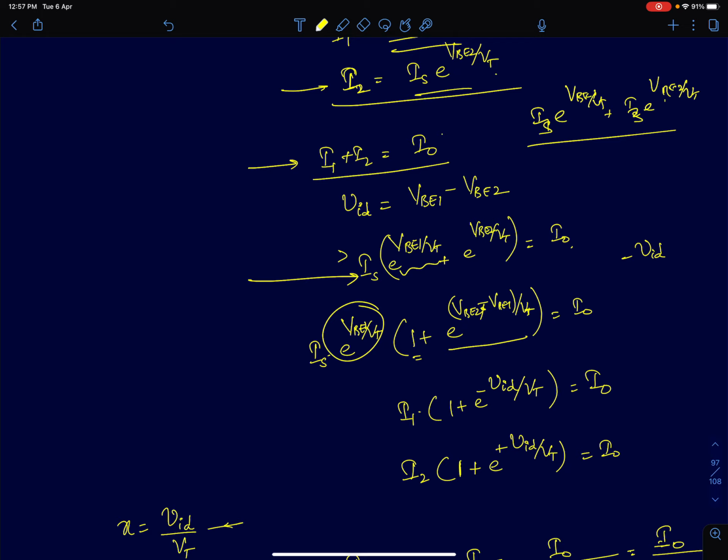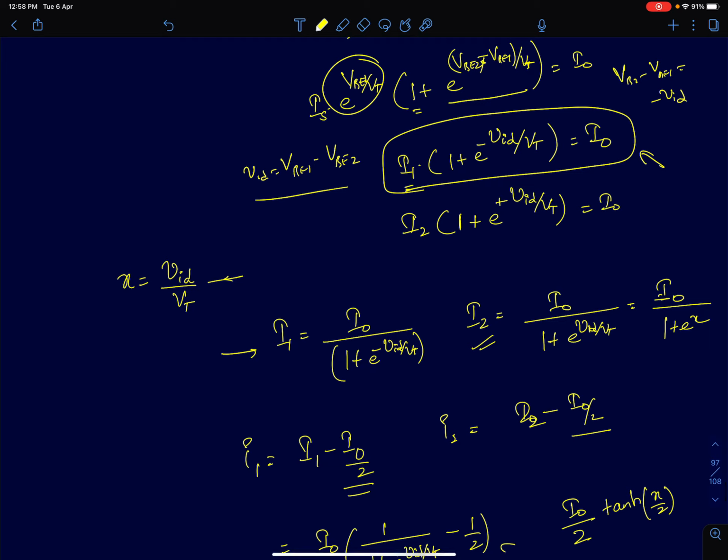That's nothing but I1 into 1 plus e power minus VID. So VB2 minus VB1 is simply minus VID because that's how we define VID. VID is simply VB1 minus VB2. So what we get here is that I1 into 1 plus e power minus VID by Vt is equal to I0. So you get I1 equals I0 by 1 plus e power minus VID by Vt.